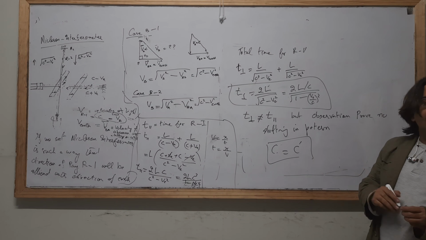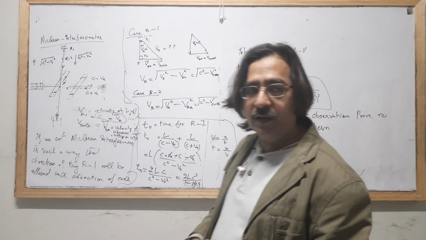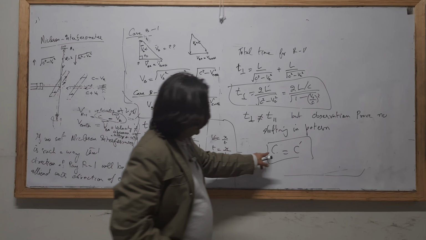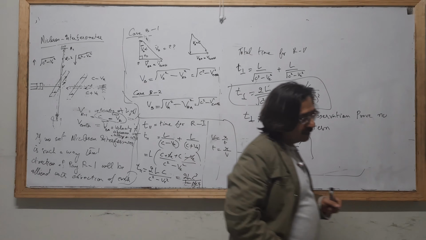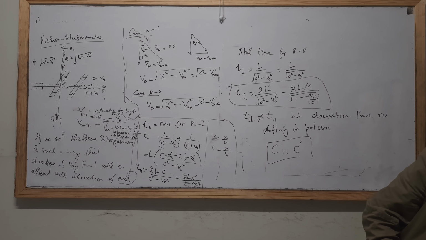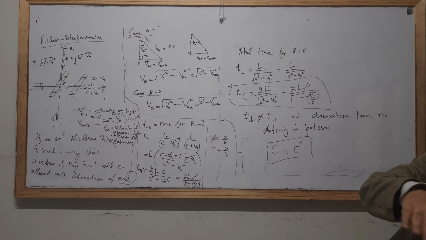That is the first statement observed by the Michelson interferometer, and Einstein used this to say that the speed of light will be the same for all inertial observers. Inertial means moving with constant speed.